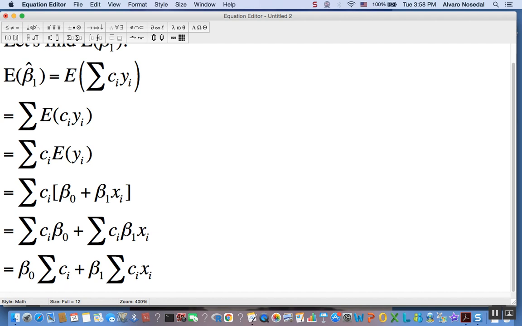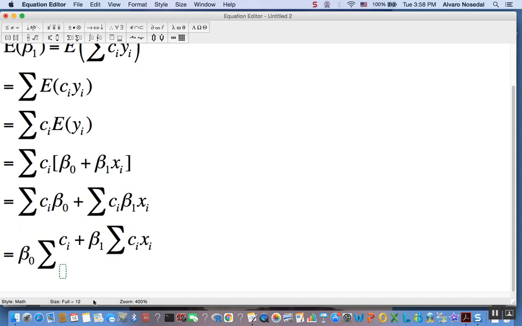So the sum of the ci's is 0 by property 1, right? And the sum of the ci's times xi equals 1, right? That's by property number 2.